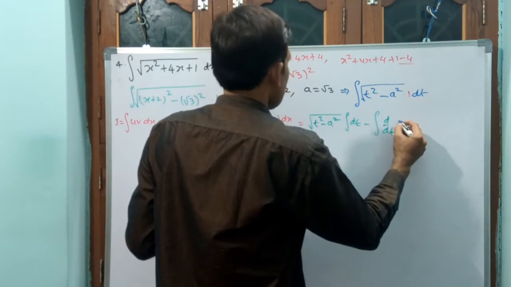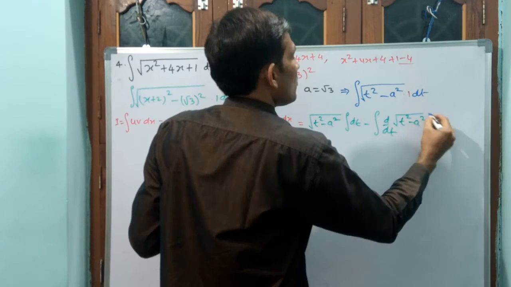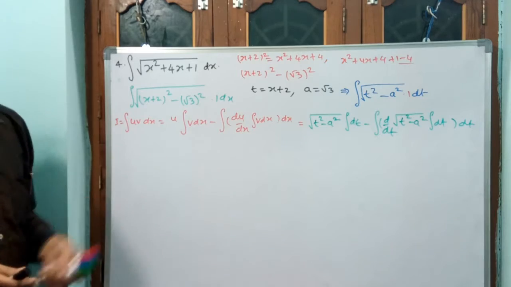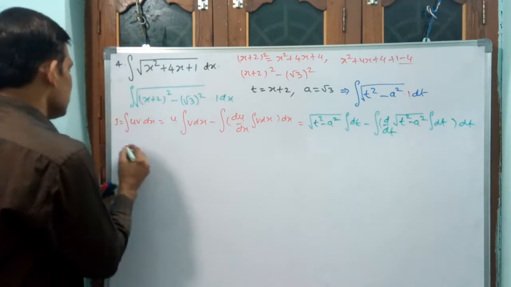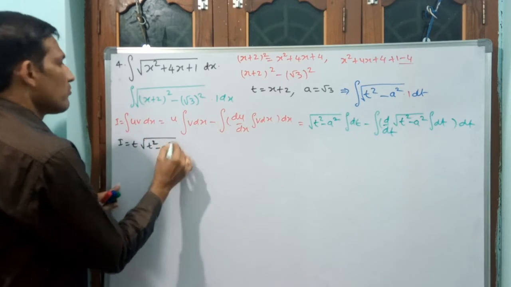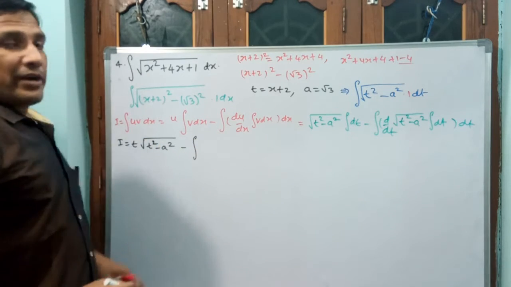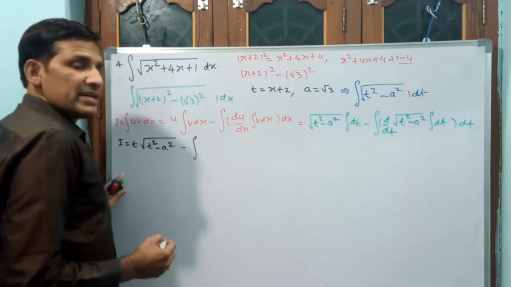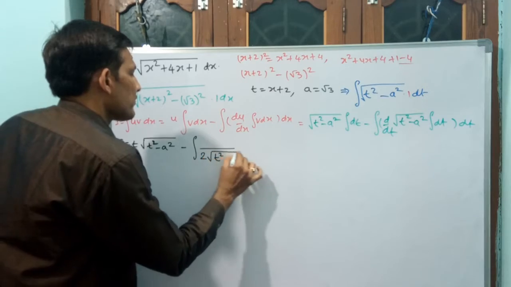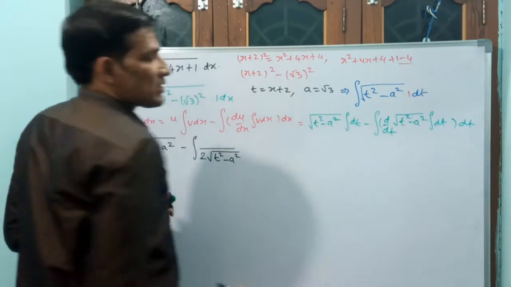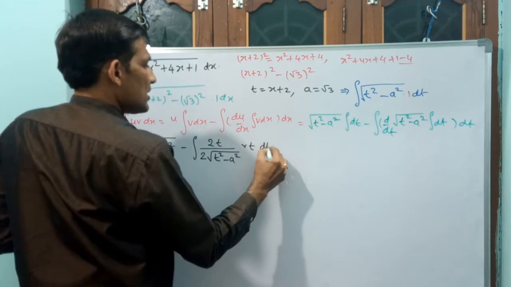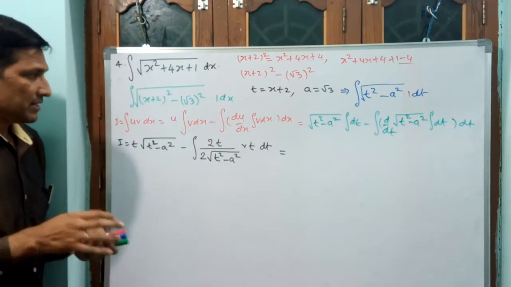So d by dt of square root of t square minus a square, times integral dt, whole dt. Now, integral dt is t. I is equal to t times square root of t square minus a square, minus integral of d by dt of square root of t square minus a square. Like d by dx of root x, first take 1 by 2 root of t square minus a square, and again inside, t square minus a square differentiated with respect to t gives 2t. Then integral dt t, dt. Definitely okay.